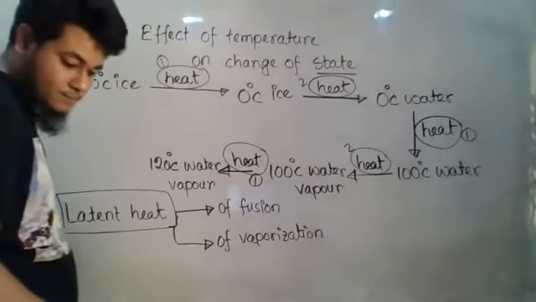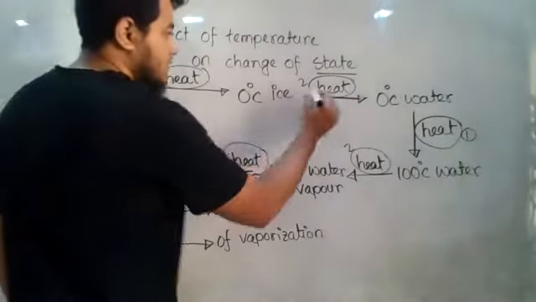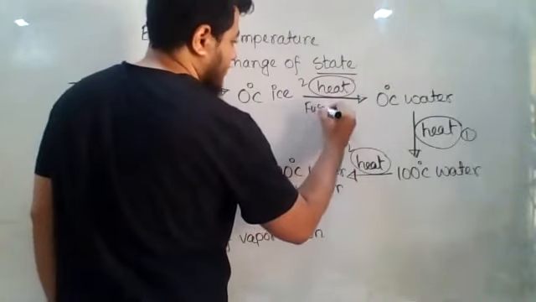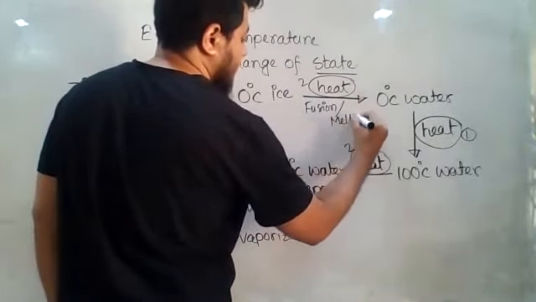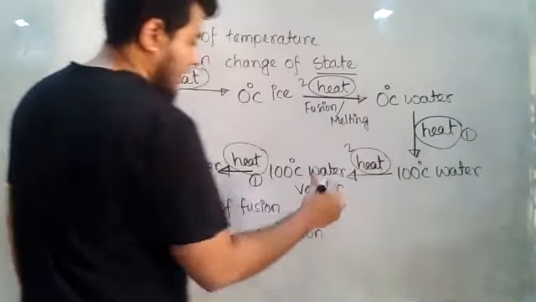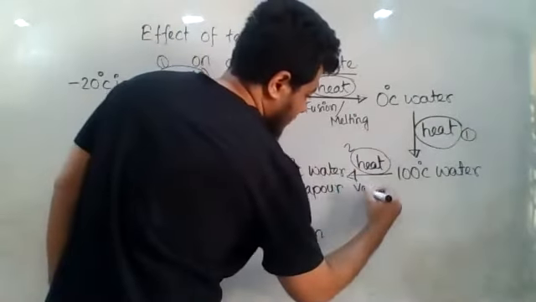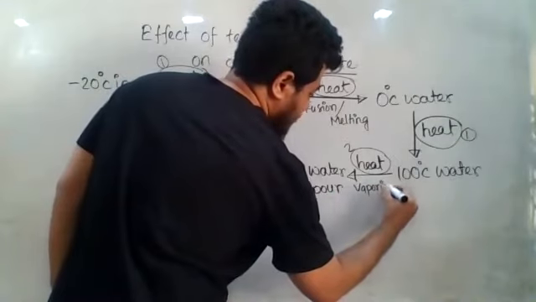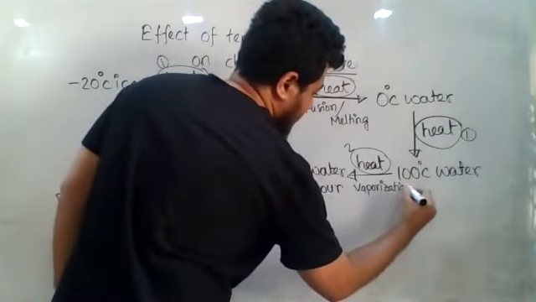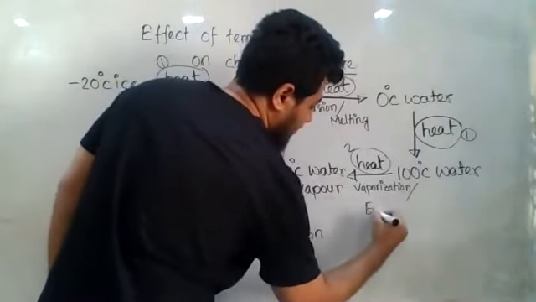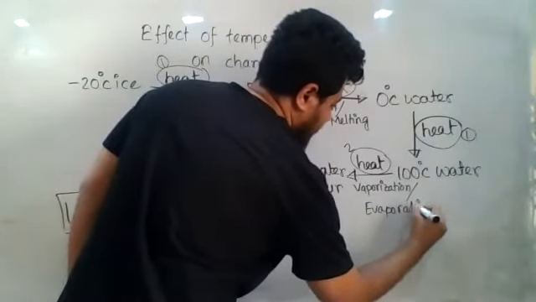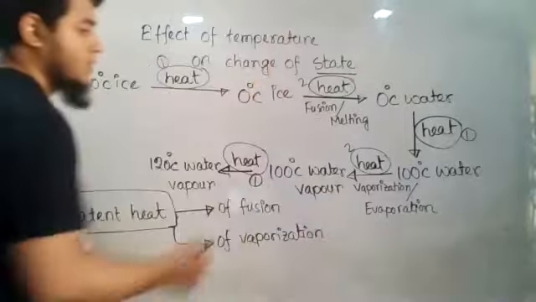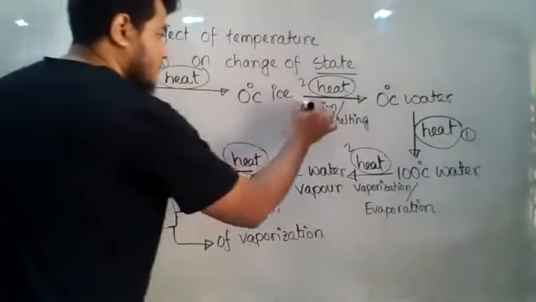Okay, this process here I can write it so that it is easy for you to understand: fusion or melting. And this one is called vaporization, or it is called evaporation. Very important.